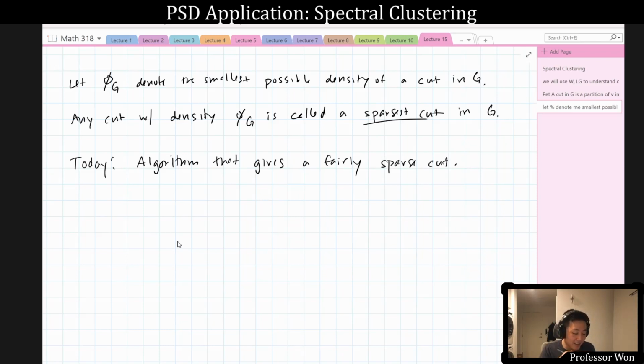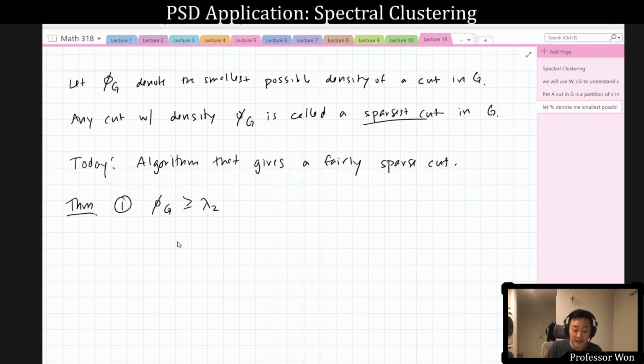Okay, and what do I mean by fairly sparse? Here's a theorem with two parts. One is that phi sub G, this minimum possible cut density, is greater than or equal to lambda 2. So here again is an example where the eigenvalues, the spectrum of some matrix associated to a graph, tell you some really deep information about the graph.